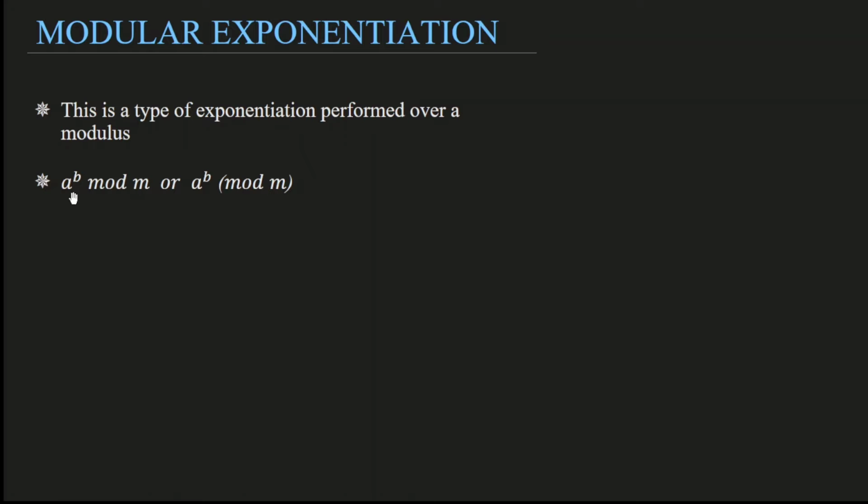If we have A raised to B mod M, what does it mean? This mod M is applicable for the whole of A raised to B, not only A. You can write this as A raised to B in brackets mod M, which implies that mod M is applicable for the whole A raised to B. Now we'll check using simple examples how you can solve the exponents.